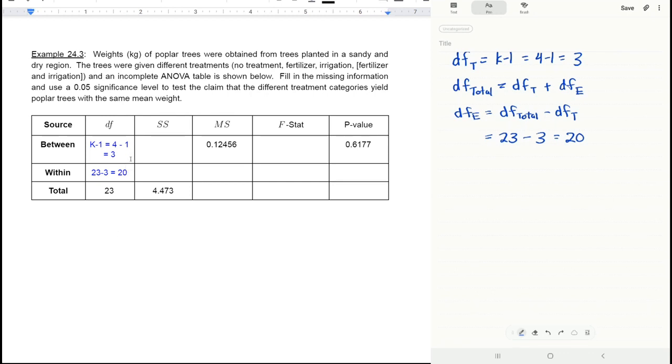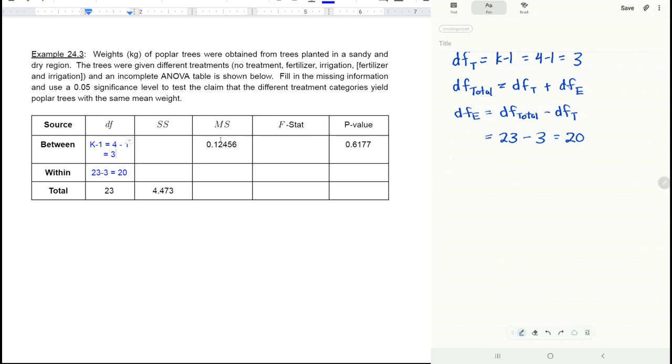Alright, so now that we have our degrees of freedom, we can use this to calculate the other missing information. We're given that the treatment mean square is 0.12456, and we also have the treatment degrees of freedom. So now we can calculate the treatment sum of squares by rearranging the formula for the treatment mean square.